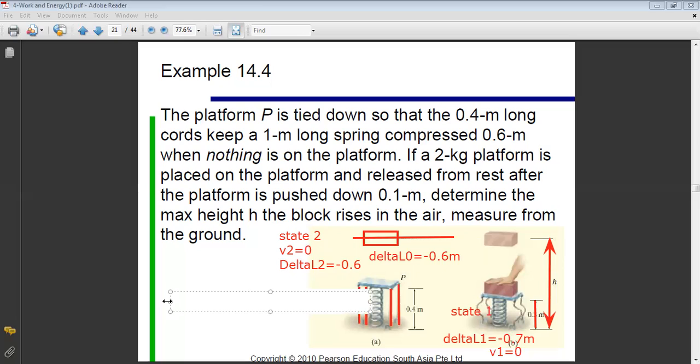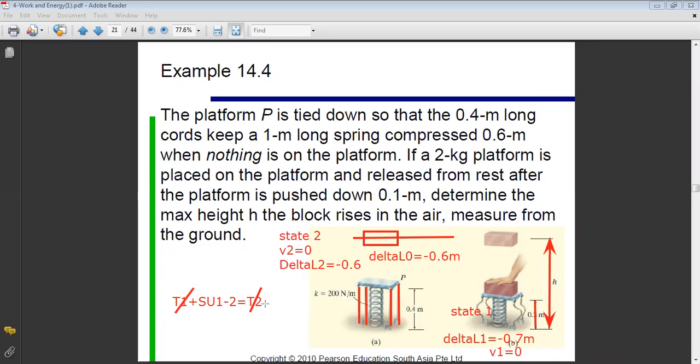I can say that T1, which is the kinetic energy at state 1, plus the sum of work from 1 to 2, equals the kinetic energy at state 2. But since v1 equals 0 and v2 equals 0, T1 and T2 are both equal to 0. So my equation will be reduced to the sum of work from 1 to 2 equals 0.